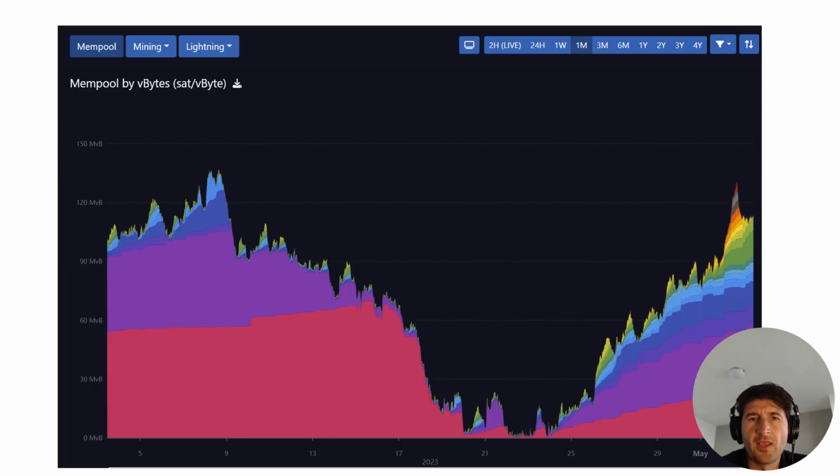This is a look at transactions being accumulated in what's called a mempool and then being mined. This is from mempool.space, a great website with nice visualizations. And the different colors represent fee rates that people are paying.